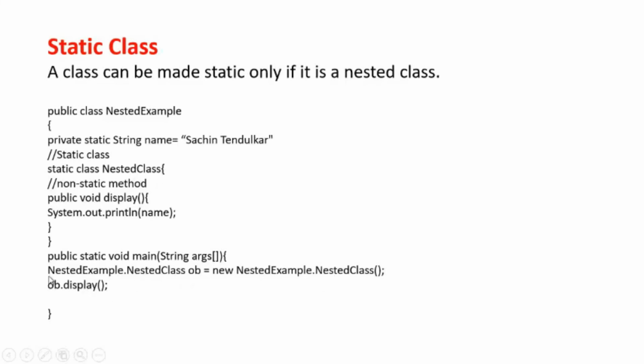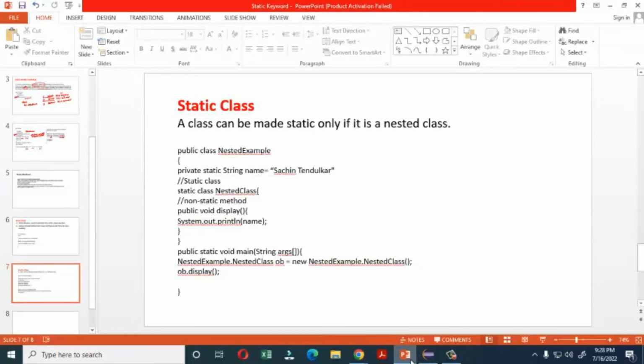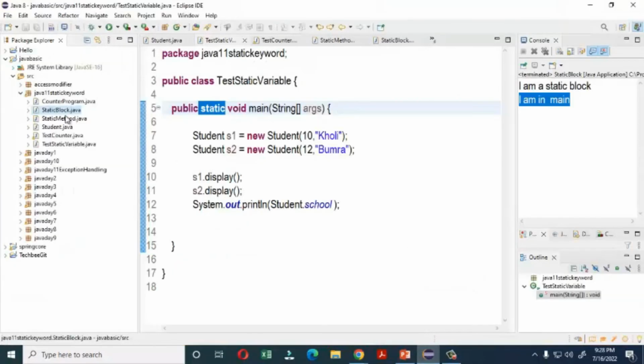We have to define the object like this for a nested class: the class name NestedExample, then the nested class name which is defined as a static class, NestedClass ob = new NestedExample.NestedClass. Now ob.display.